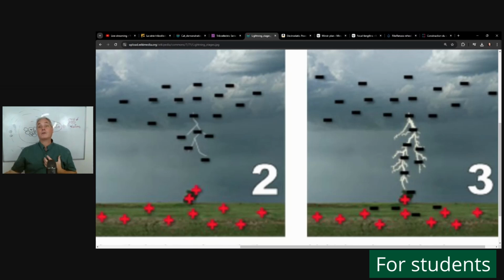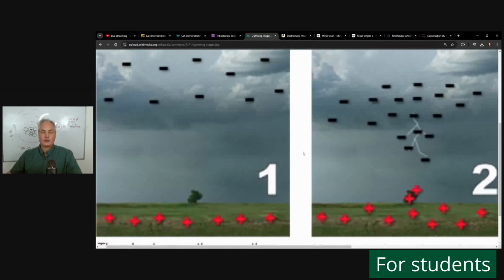So there's a lot more electrons here. A few things can happen: it can get burned, the heart can stop beating, and it's very dangerous. If you're lucky, there's not too much. You may have a burn and your heart will start beating again, but it is something that we don't want to happen to you. So this is an example of grounding of the charges.